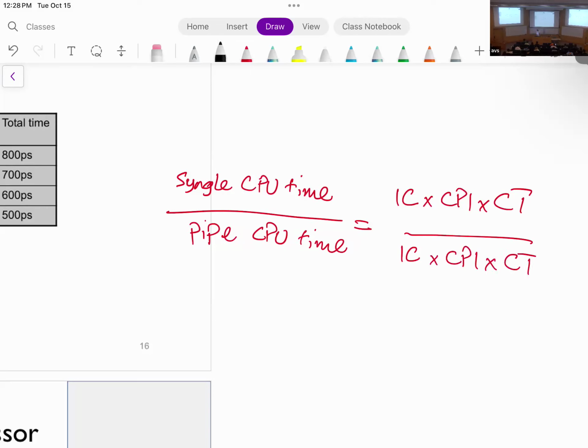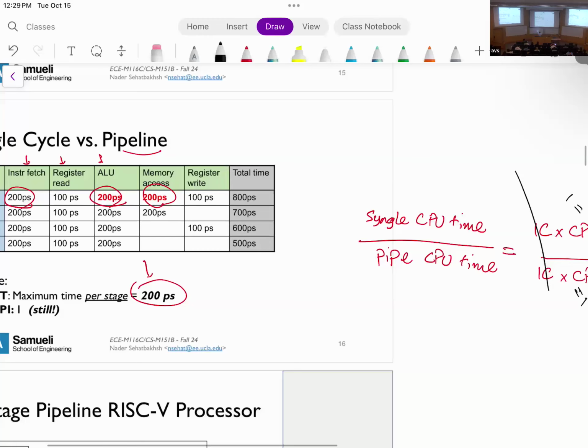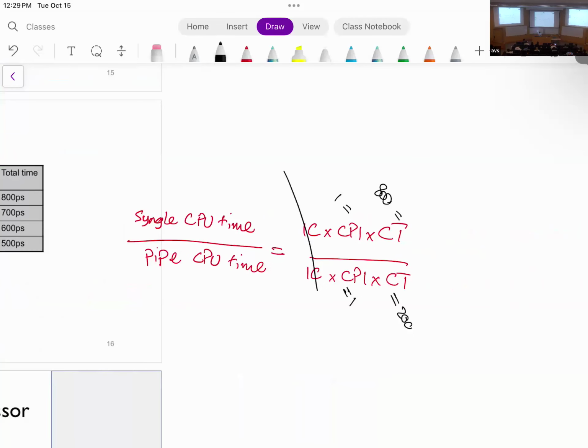If I'm assuming that I'm running the same application with exactly the same instruction count, these two cancel each other out. I just told you that the CPIs are both equal to 1. And now the CT, this one is 800 picoseconds, and this one is 200 picoseconds, right? So effectively, I now have a 4 times faster CPU, a 4 times faster design. That will be the speedup I'm getting purely from the pipeline design for this particular system.